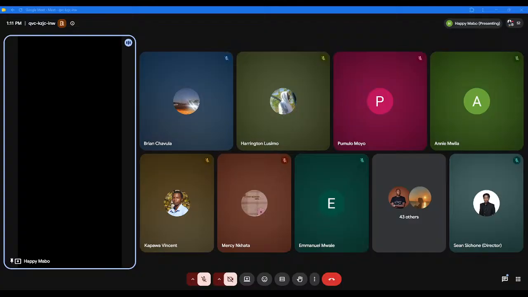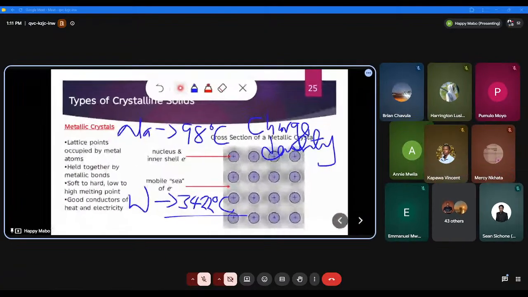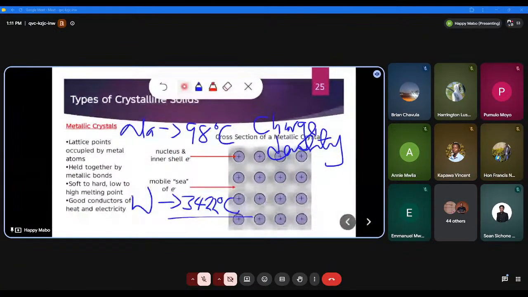Okay, so we are saying the higher the charge density, the stronger the forces that are going to exist in the structure amongst the particles, and the higher the melting point, such as in this case.